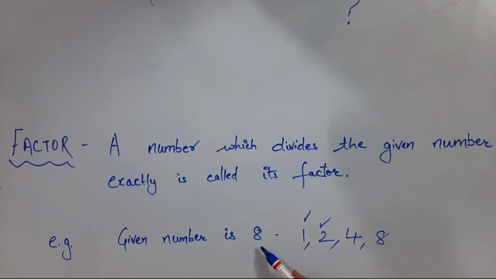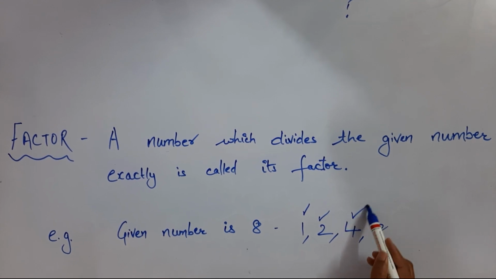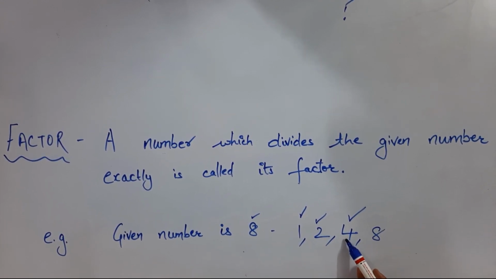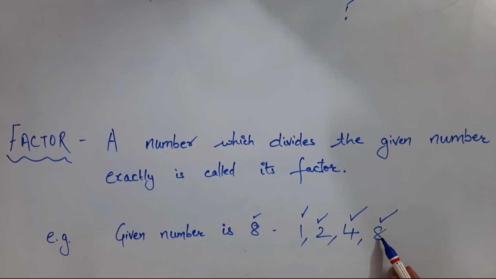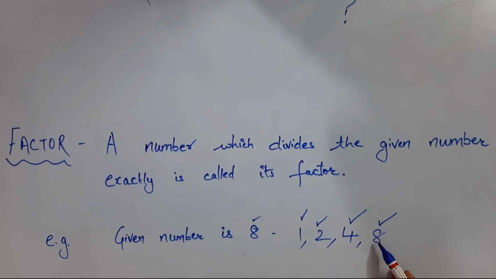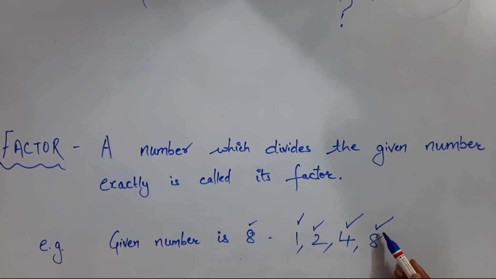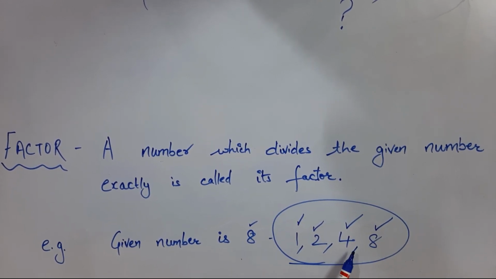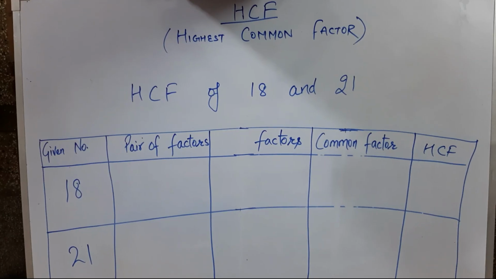In 4's table 8 also comes, 4 2 ja 8, so 4 is also a factor of 8. And 8 also comes in the table of 8, 8 1 ja 8, so 8 divides 8 completely, it is also a factor. So all these numbers are called factors of the given number 8.